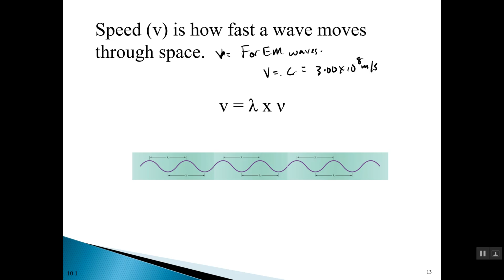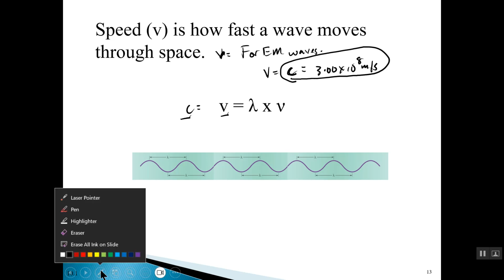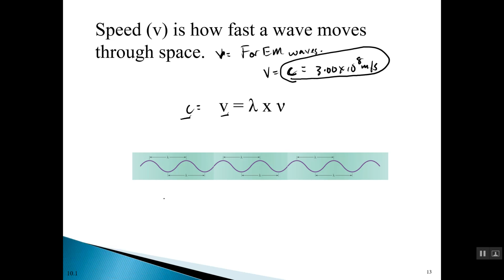Now, conventionally, we use c as the speed, representing the speed of all forms of electromagnetic radiation. So c would be equal to this right here. But this v here is for any form. But we use c specifically for electromagnetic radiation. So that's the speed of the waveform.